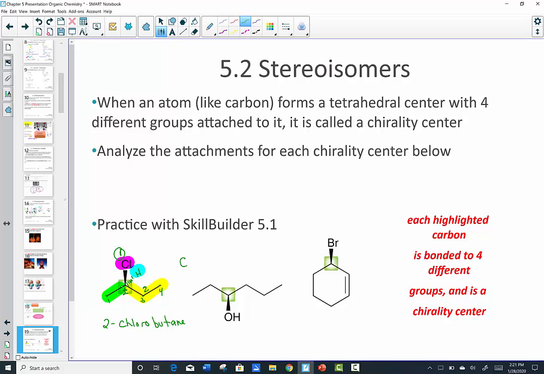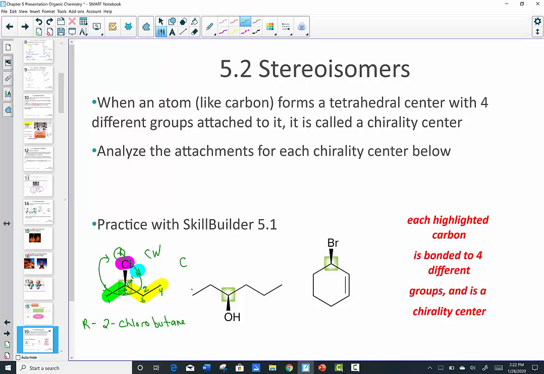And here, the methyl group is the 3rd priority. And remember, hydrogen with its atomic number 1 is always of lowest priority. I only need 3 numbers to spin, so this is going to spin in a clockwise motion. So we'll learn that that is the R configuration. Clockwise, a right rotation. So that is a chiral center.